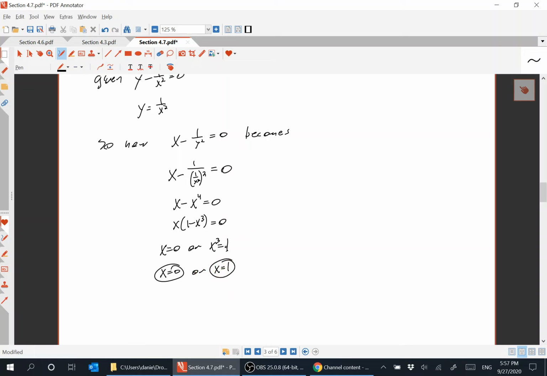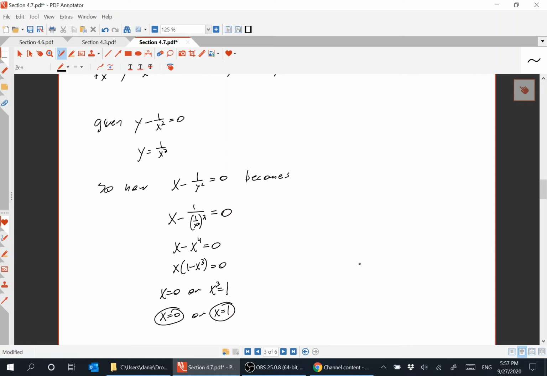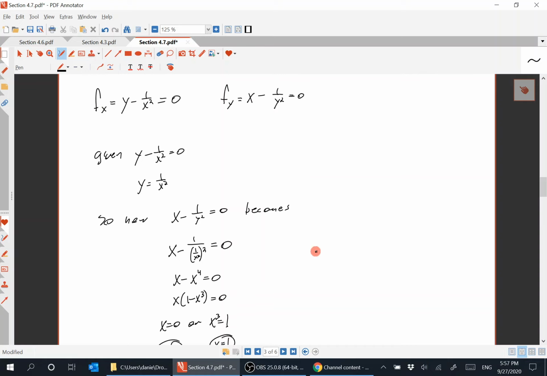The only real number solution to x to the third equals 1 is just x equal to 1. Not even negative 1, right? Because negative 1 to the third is negative 1. There are two other solutions, but they're imaginary solutions. All right, so the critical points happen when x is equal to 0 or x is equal to 1. Now we just got to find the y's that go along with it.